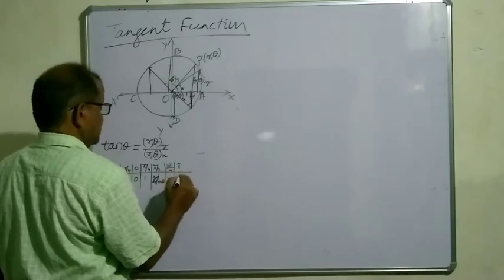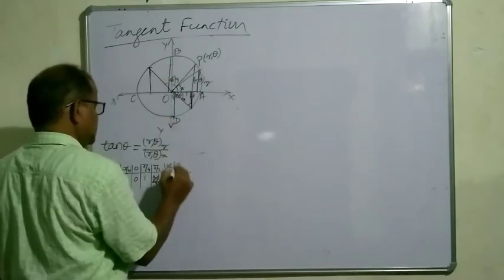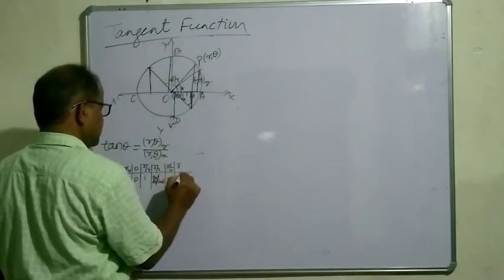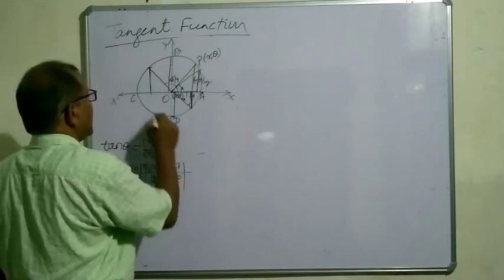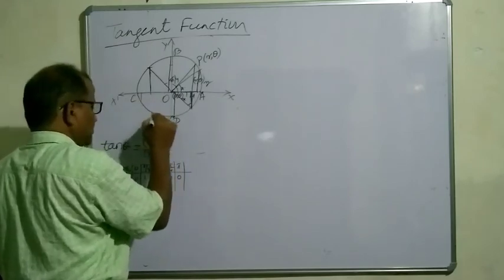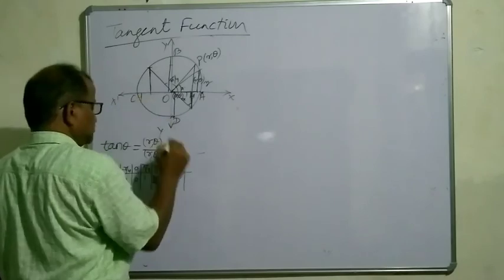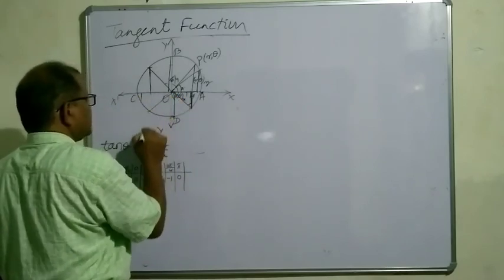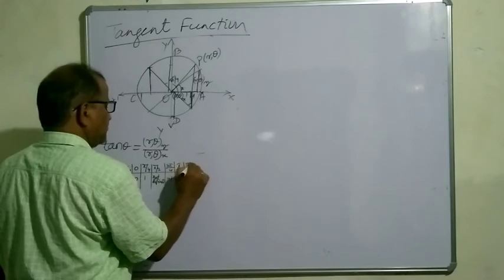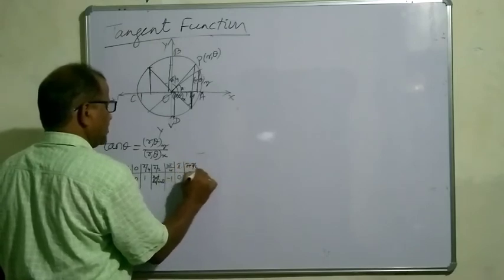Again at pi, it is what? 0. Then after that both are negative. So at pi plus pi by 4, what will happen?